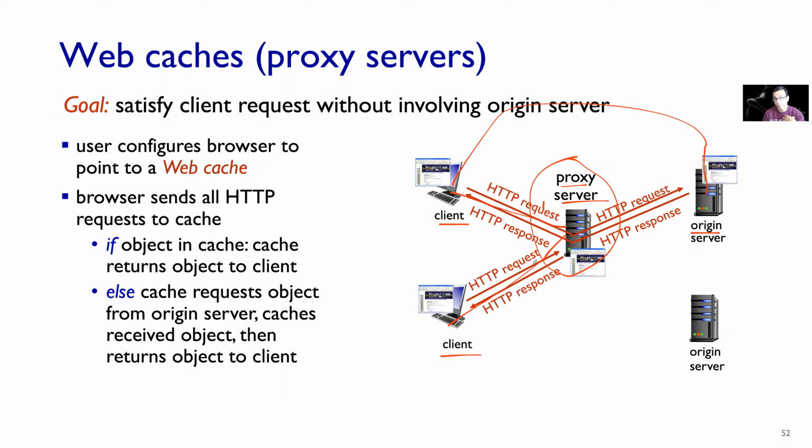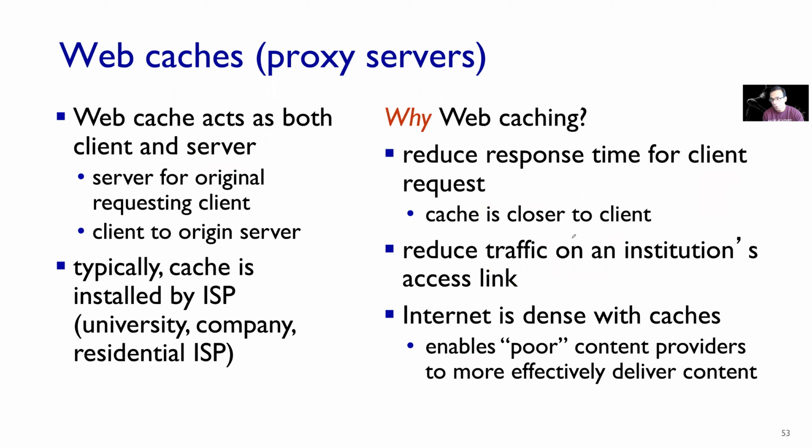So if I'm YouTube, I can't really control someone else's web cache, but these caches would in a way be caching some of YouTube's content, right? So it's a sort of indirect way for YouTube to get the content closer, right?